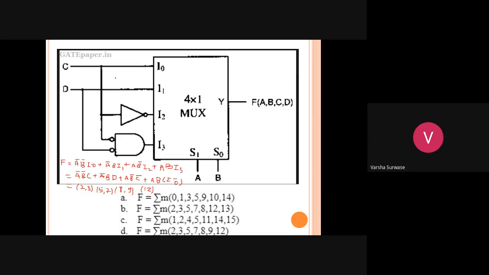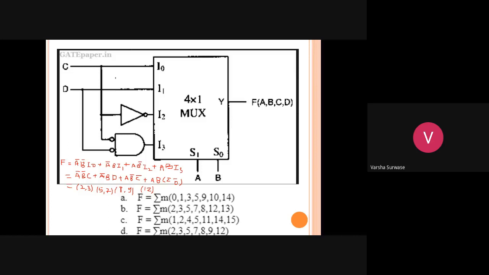Now see, what is I0 for this Mux input? I0 is the input C. So you can write here A bar B bar, I0 input is C, plus A bar B into I1. I1 is D, so A bar B into D, plus A B bar into I2.